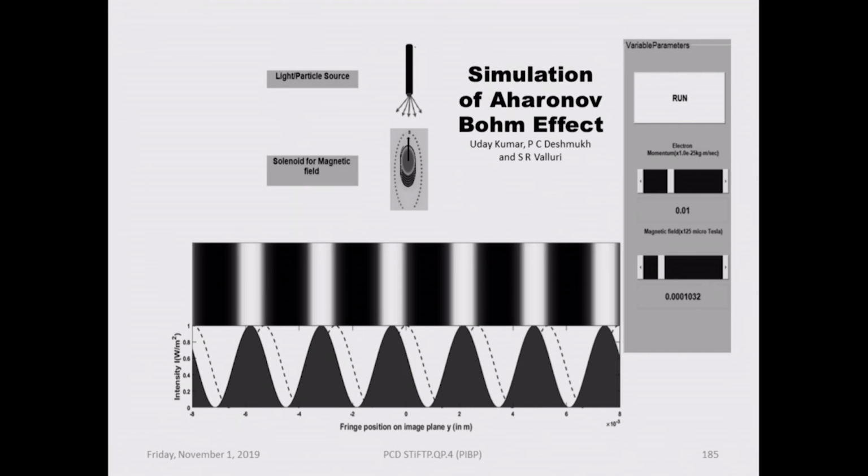On the lower side you have these fringes, and then there is a dashed curve which shows how they shift when you change the flux, because the path difference is changing. Okay? This is the path difference which comes in the Feynman propagator.